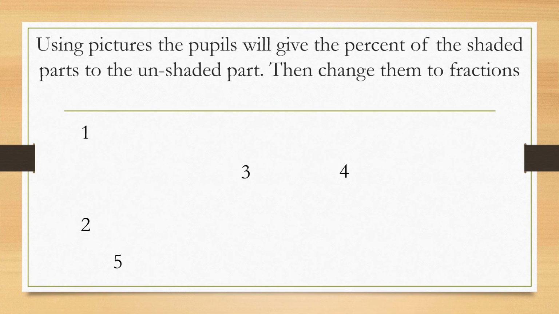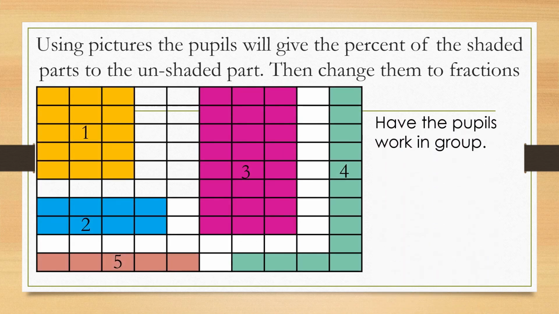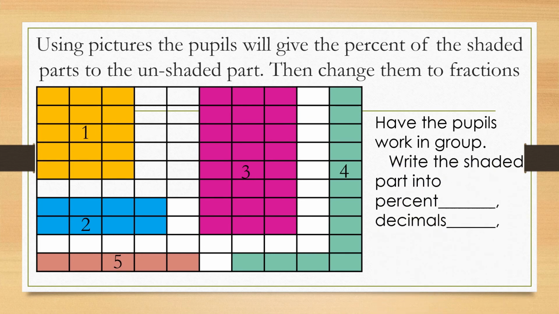So, using pictures, the pupils will give the percent of the shaded parts to the unshaded part, then change them to fractions, percent, decimals, and ratio. So, nakita nyo yung mga blank dyan, yung mga may kulay dyan. So, number 1 yung yellow, number 2 yung blue, number 3 yung fuchsia pink, number 4 yung green, number 5 yung, anong kulay ba to?